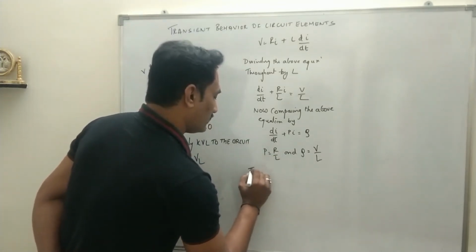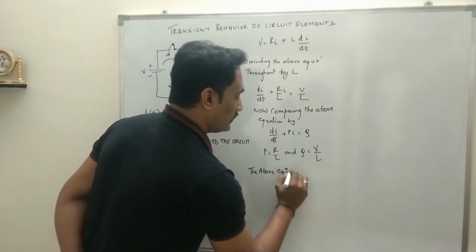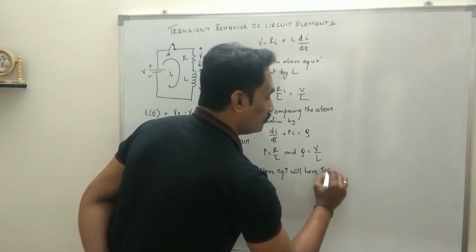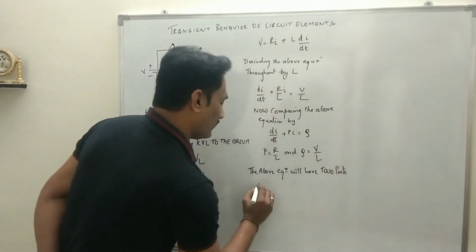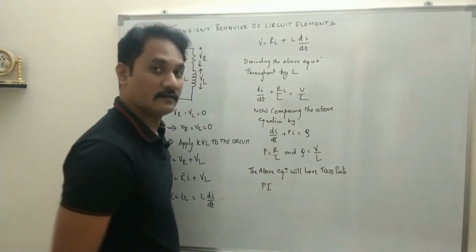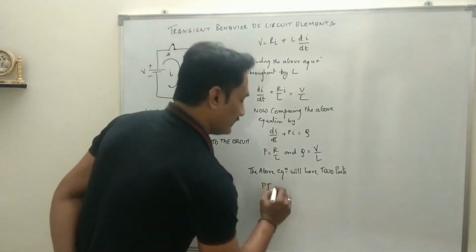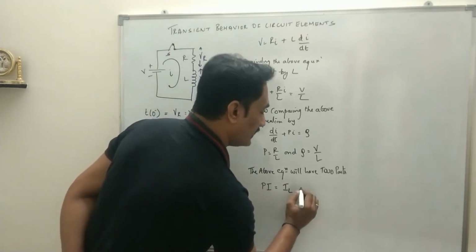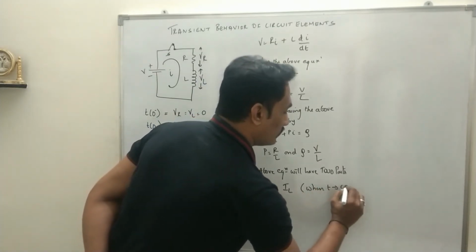Okay, next, the solution of the above equation will have two parts. The first one is the particular integral. That means the value of current through the inductor when t is equal to infinity.